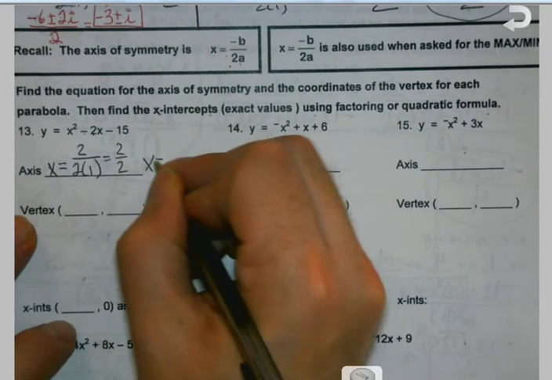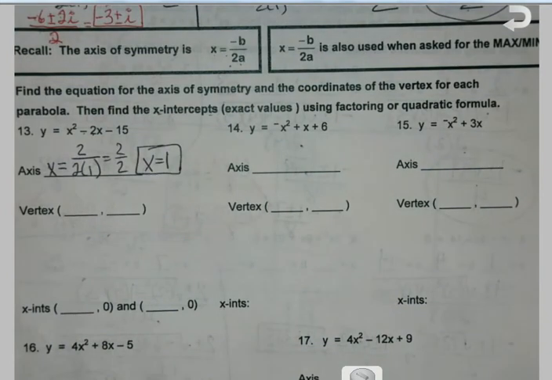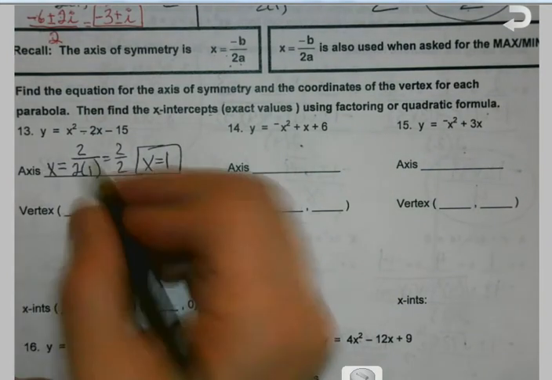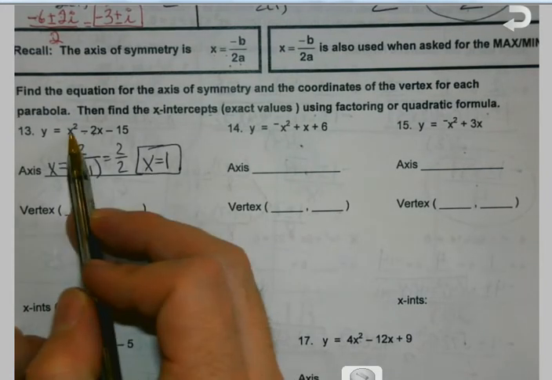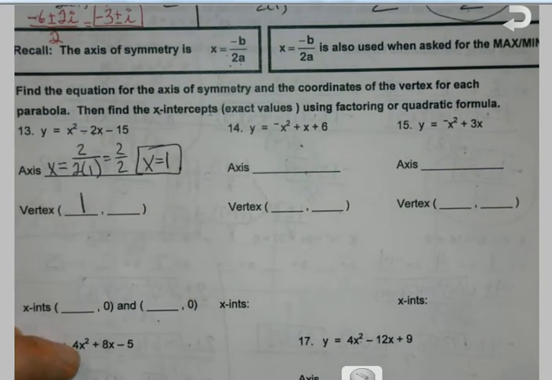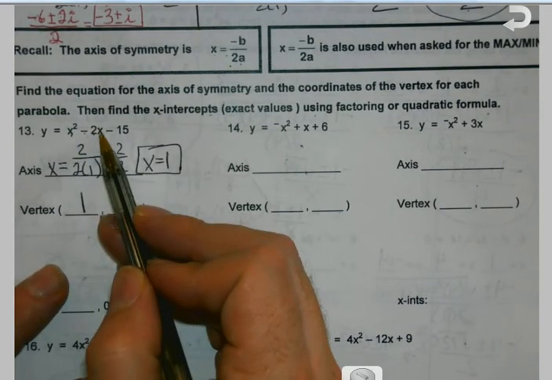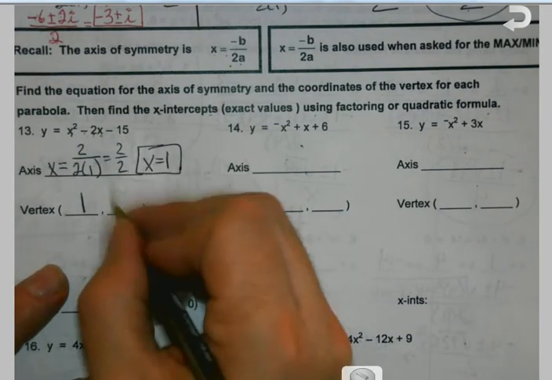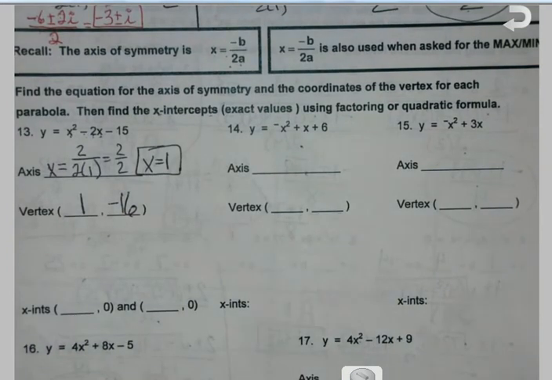So x equals 1 is my axis of symmetry. It's a vertical line going through the center of my parabola. So my vertex then is just going to be at 1, and I can either substitute in, or if I had it in the calculator, I could look at the table. So 1 minus 2 would be negative 1, minus 15 would be negative 16, because I already got the x value from finding the axis of symmetry.